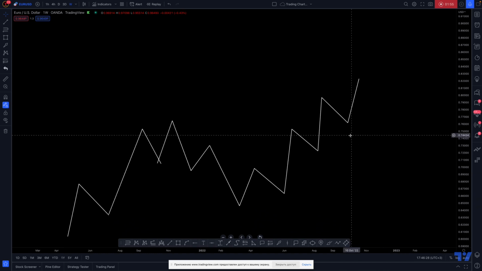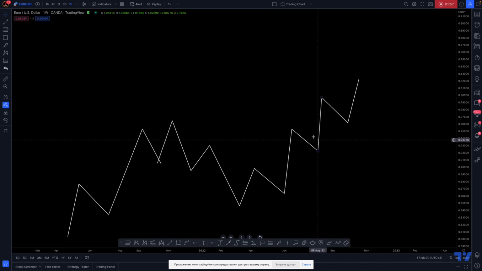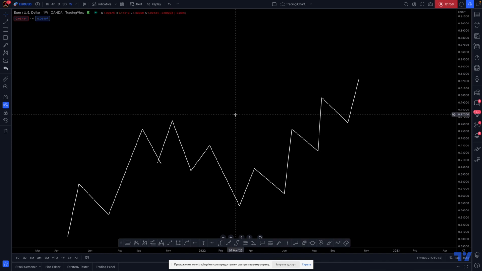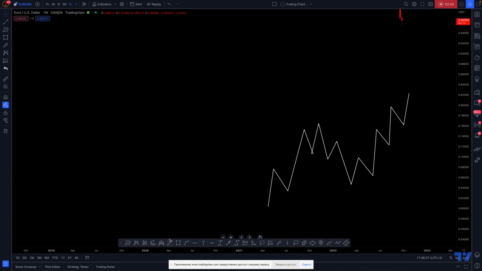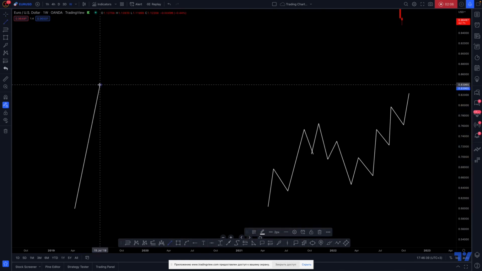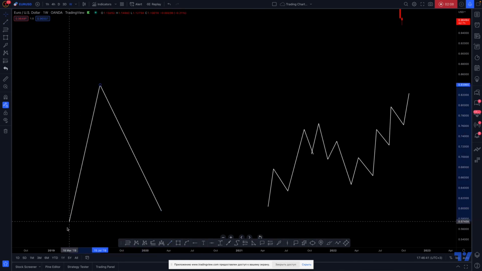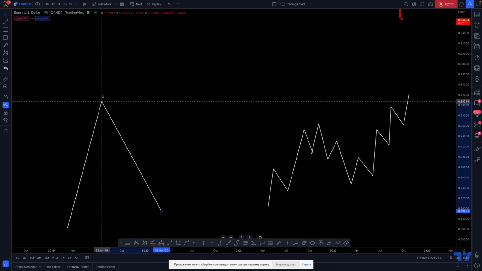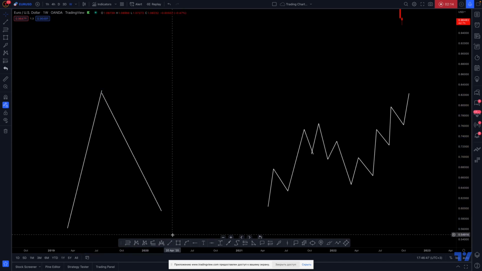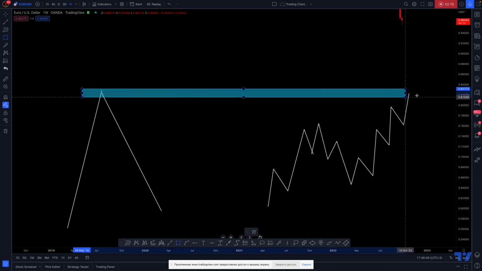And in such kind of situation, usually higher time frame analysis helps. Once we switch to higher time frames, the chart unveils the levels that were tested by the market in the deep past, and it helps us to make some predictions.